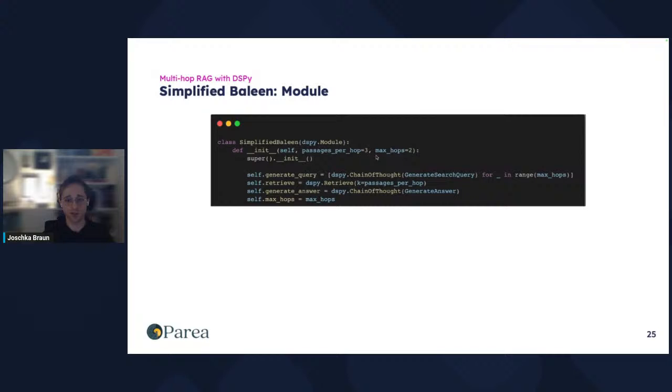We pass in parameters for the amount of hops we want to take, or how often we want to generate new queries to retrieve more context. And then we also specify the amount of passages we want to retrieve with every hop. Once we have these parameters, we initialize max hops of layers, which are just chain of thought with generate search query. We still use the same retrieval mechanism, and then we initialize our generate answer layer.